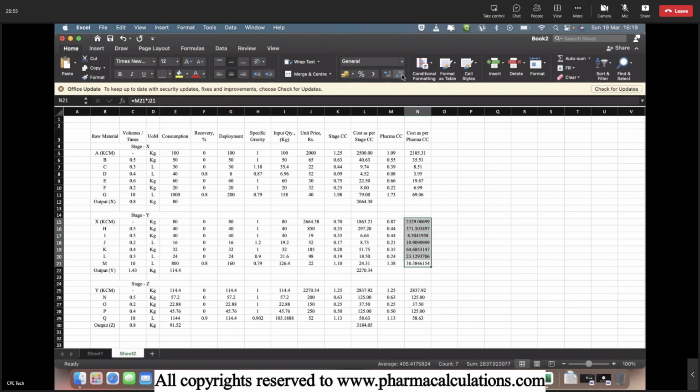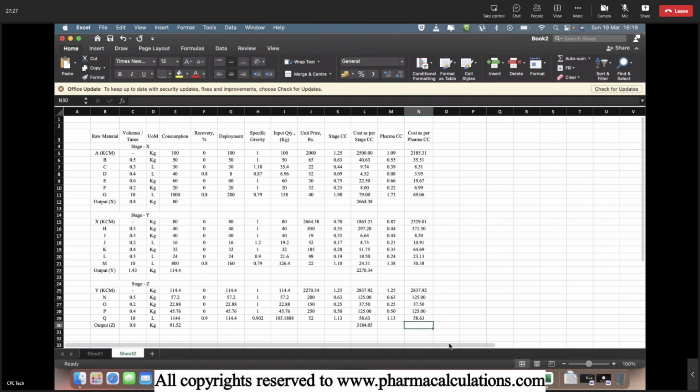Let's try to add up here. So here it is already limited to 2 digits, and now we need to cross check whether the calculation is right or not. In order to cross check that, you just try to add up these things. So whatever the pharmaceutical cost contributions are there, the individual raw material cost contribution, just try to add it up.